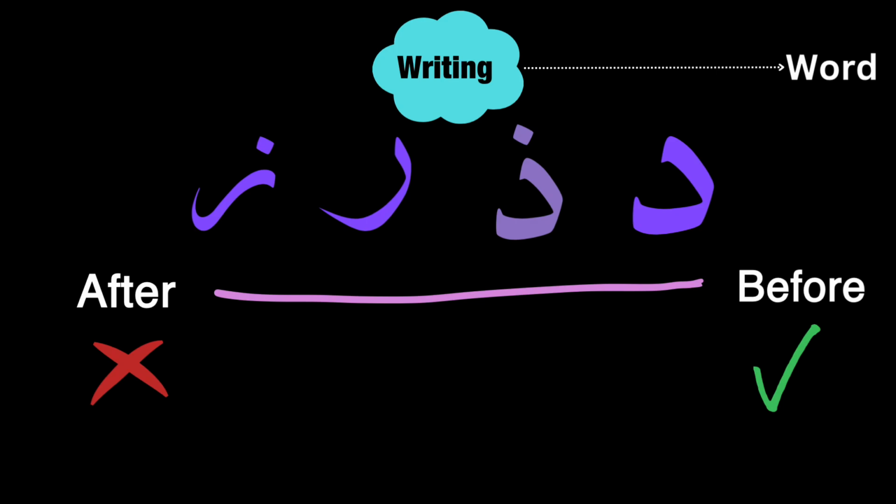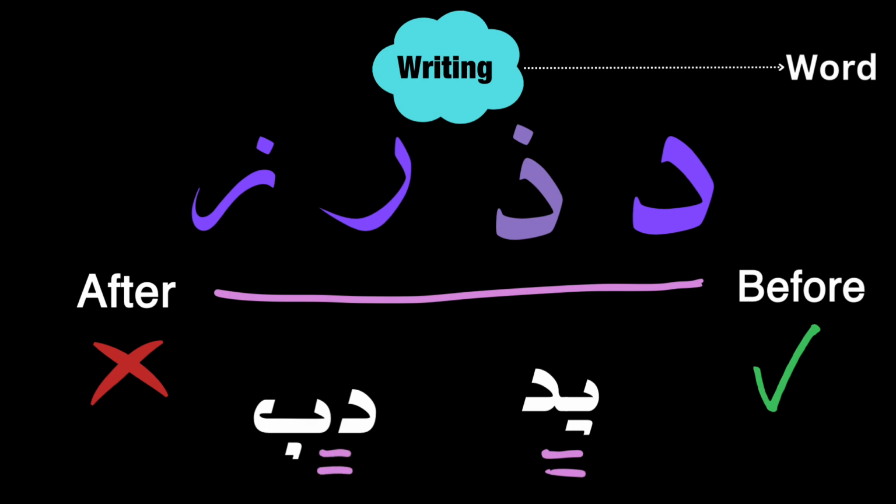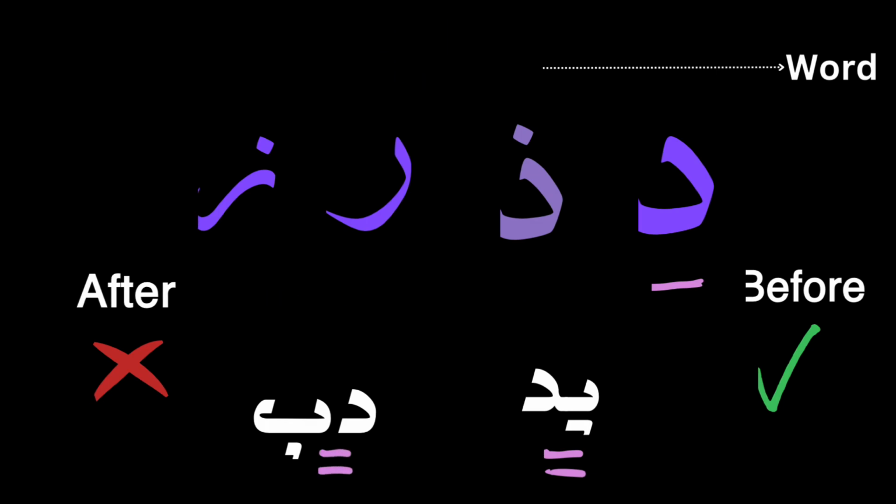For example, yad. We have a letter ya preceding dal, so we connected the end of ya to the dal. But in dub, the dal is followed by a ba letter. That's why we did not connect the end of dal to the ba.